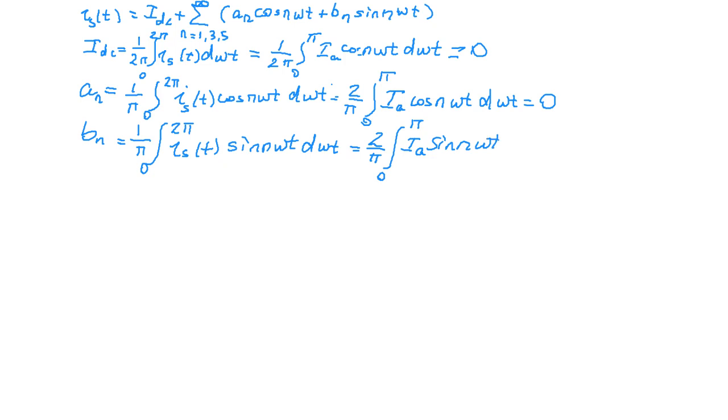From here Bn is equal to 4 times IA over n pi.